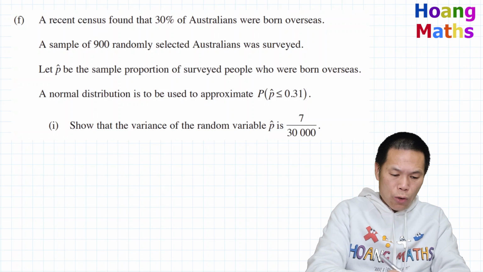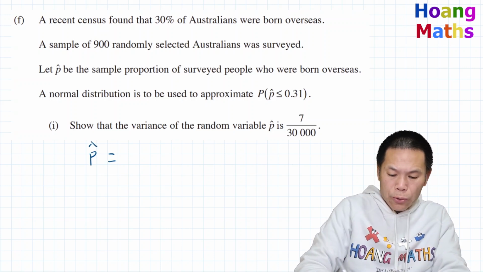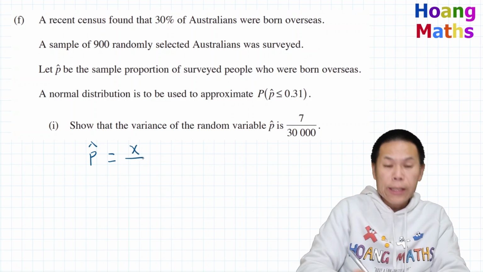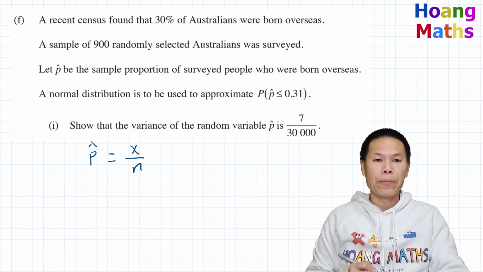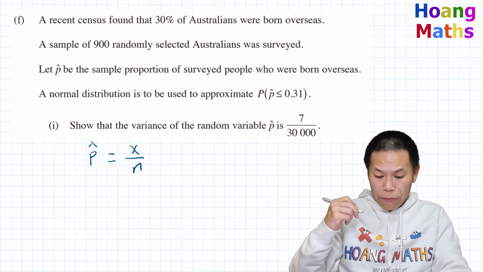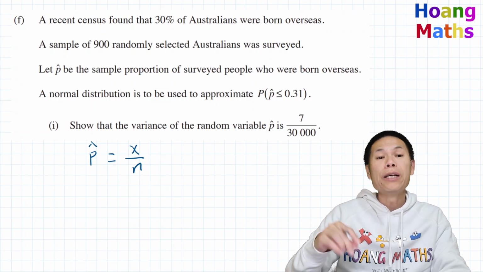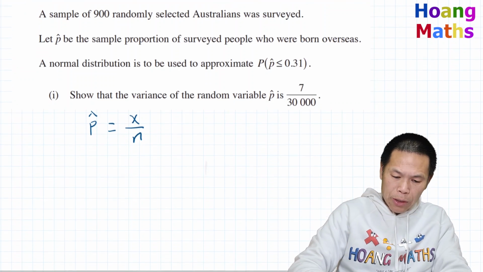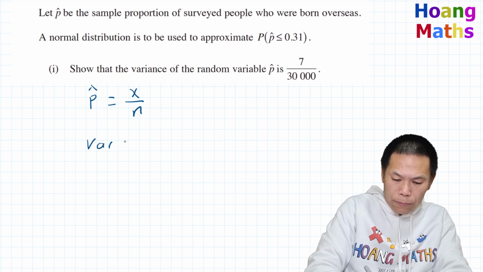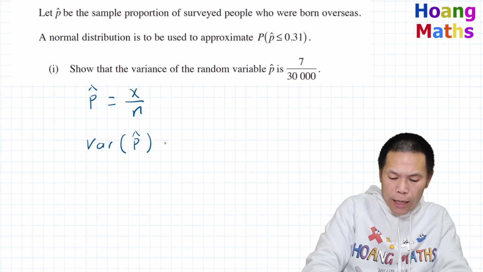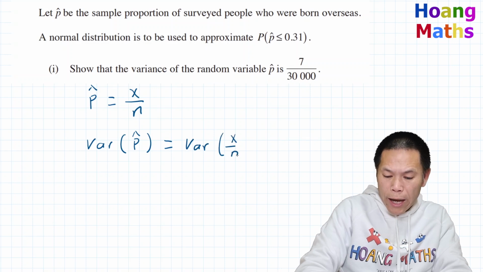So first of all, we know that p hat is equal to x, the random variable, over the sample size n. And we need to work out the variance of p hat, the variance of the sample proportions. So let me write this down. We need to find the variance of p hat, that is the variance of x over n.